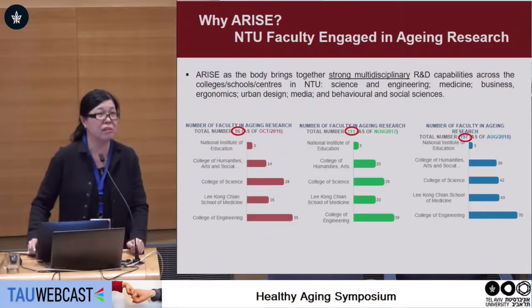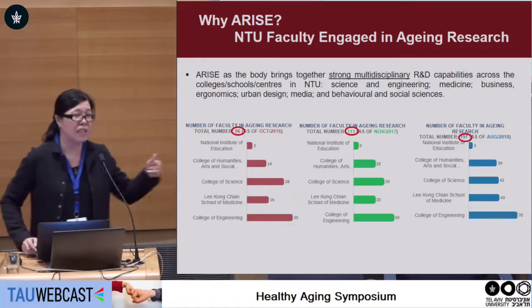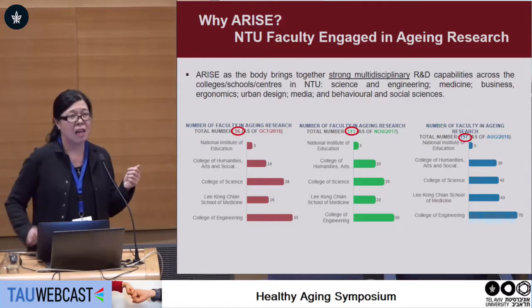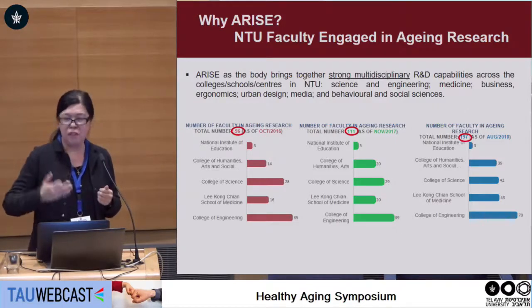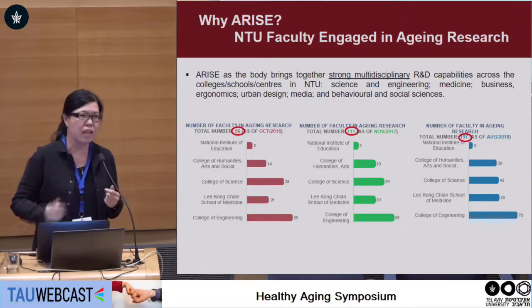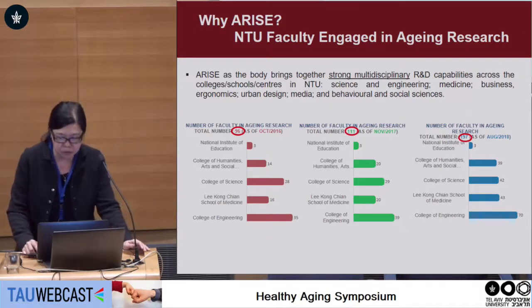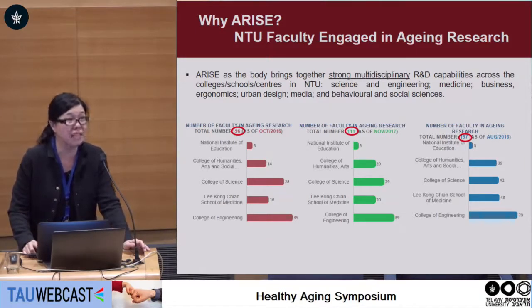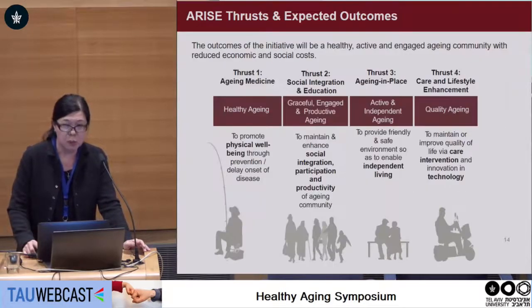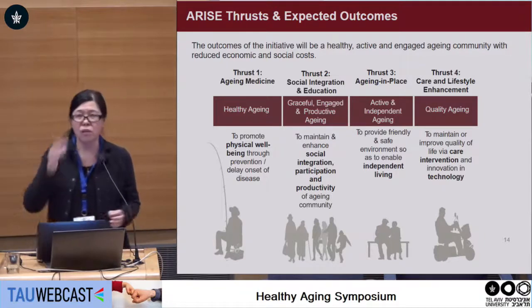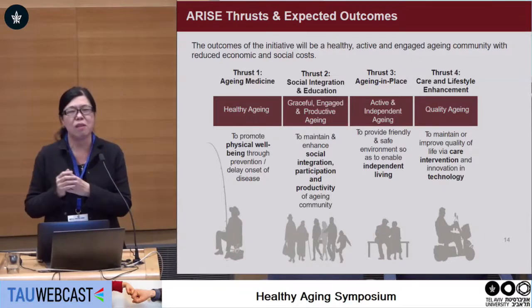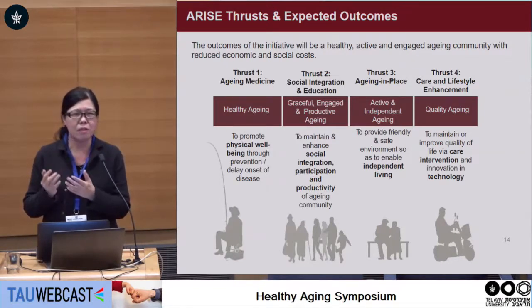Across the university, with RISE being set up in 2016, we see a rise in faculty engaging in aging-related research. We started off with 100. Last count was about 200, and these are people with research grants. So what are the outcomes? When we talk about the thrusts, we wanted to see how to measure them.